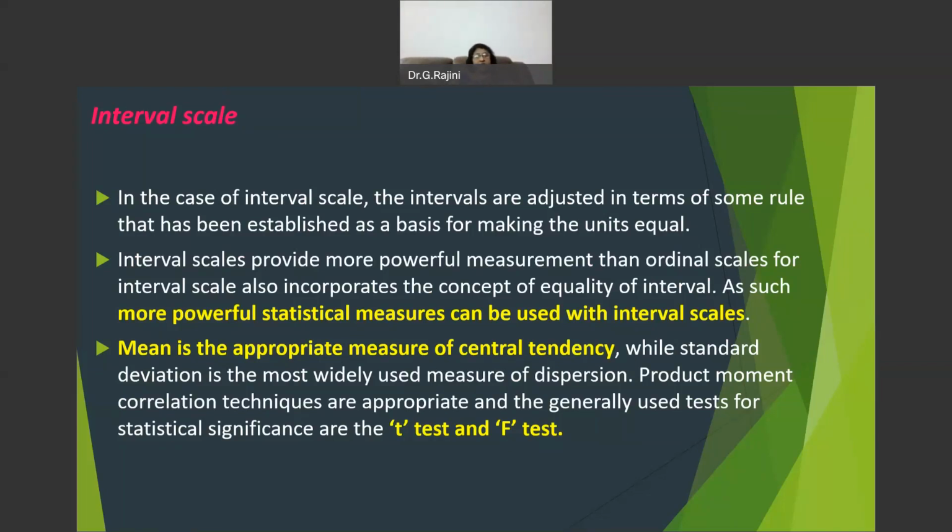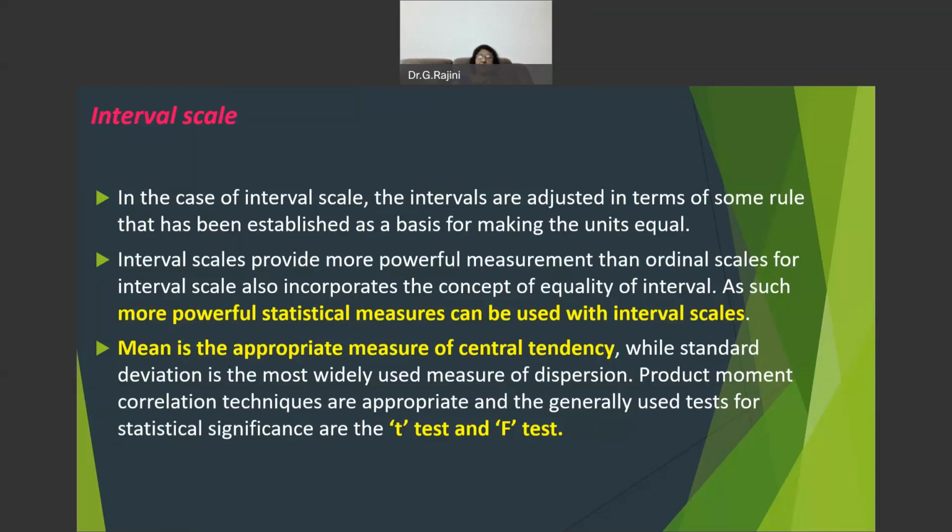Okay. So the interval scale provides more powerful measurement than the ordinal scale. For interval scale also incorporates the concept of equality of intervals. As such, this is the most powerful statistical measure that is used for analyzing the data. Now here, mean is the appropriate measure of central tendency.